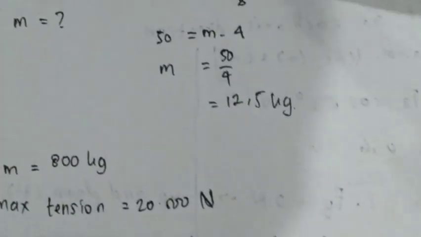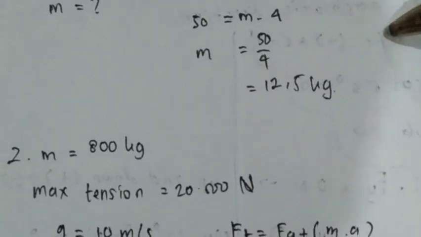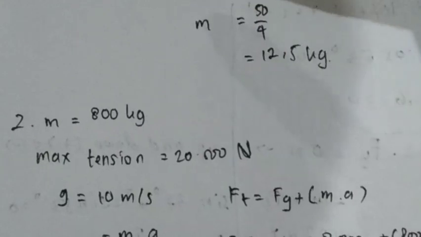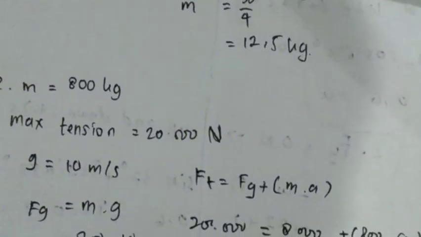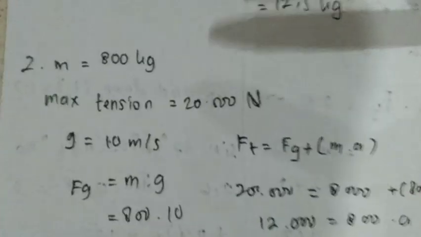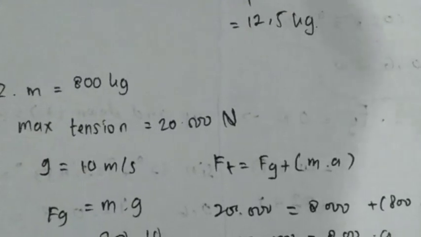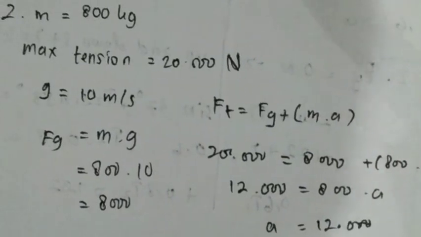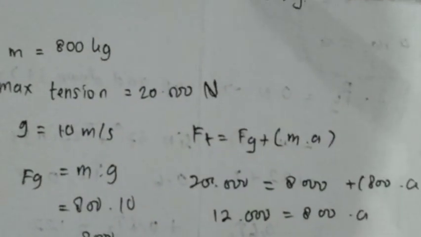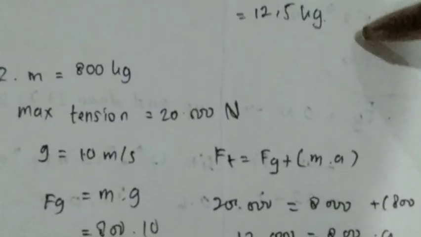And then use this formula: F equals M times delta V per delta T. 50 equals M times 20 by 5, and you can divide 20 by 5 into 4, so it will be easier to count. 50 equals M times 4, and you move the 4 here and the 50 here, so M equals 50 by 4 equals 12.5 kilograms.